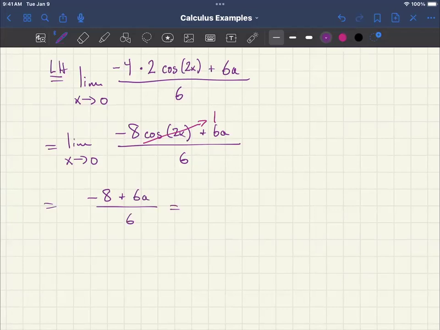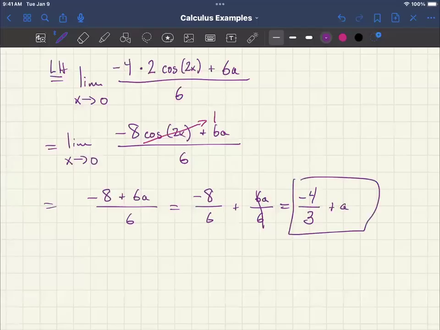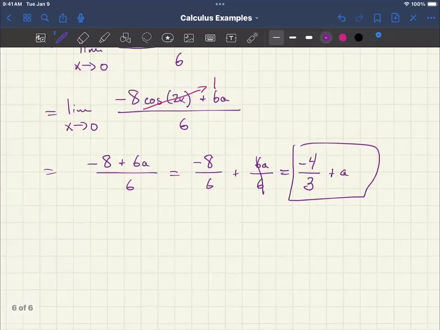And you can leave it like that, or we can reduce it a little bit, make it prettier, because you'll notice we can cancel our 6's out when we break that into two separate fractions. And -8 over 6, they both have a copy of 2 in there. So let's divide out by 2 on the numerator and the denominator. And we get -4/3 plus a.